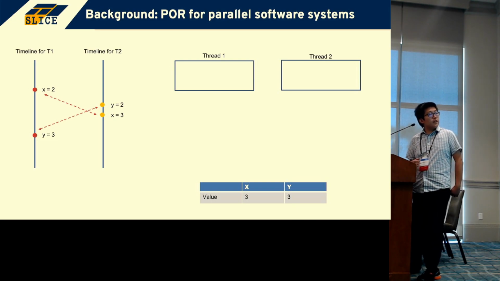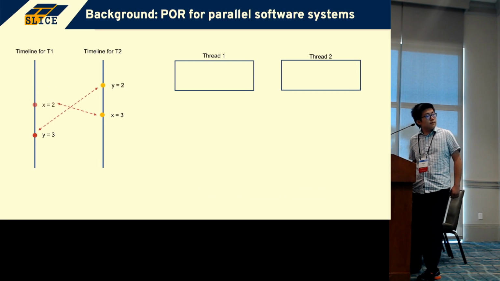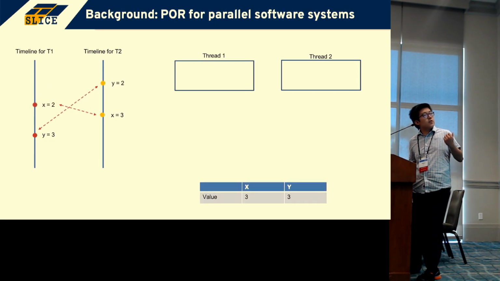Here, if you further reorder the first write to x to the beginning, then you actually have a new result. This reordering also brings a new result we haven't seen before. However, if you further swap the x and y order, the result stays the same.